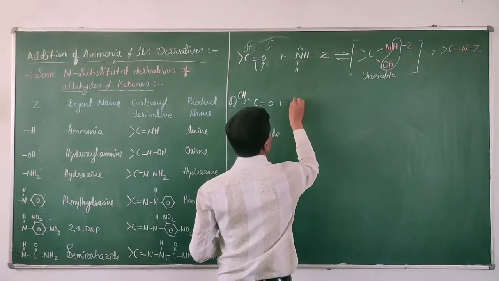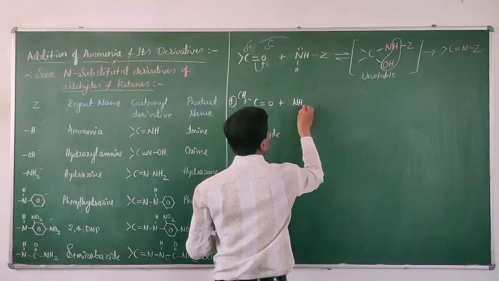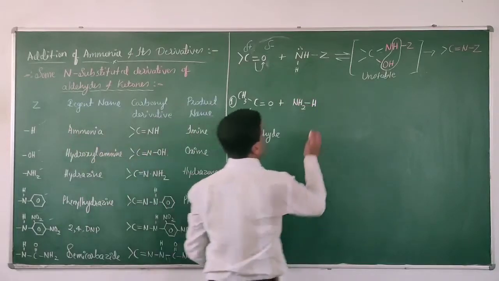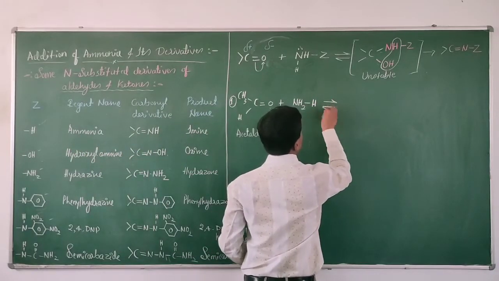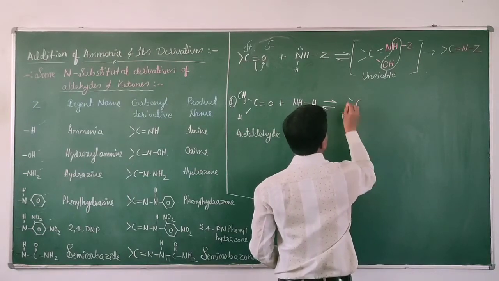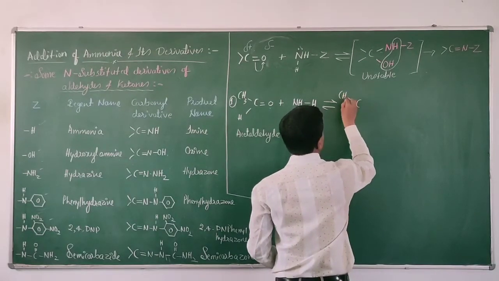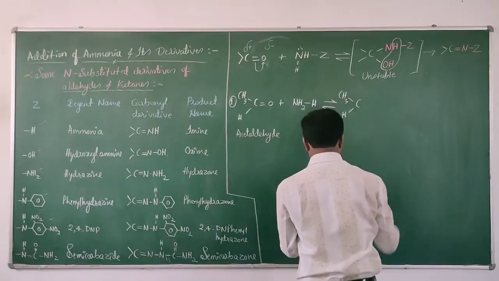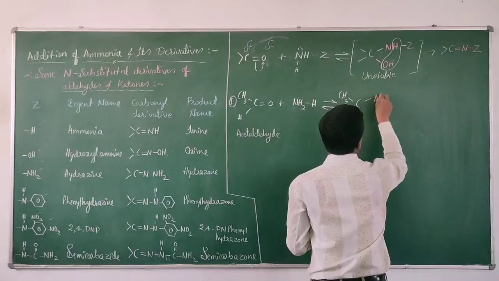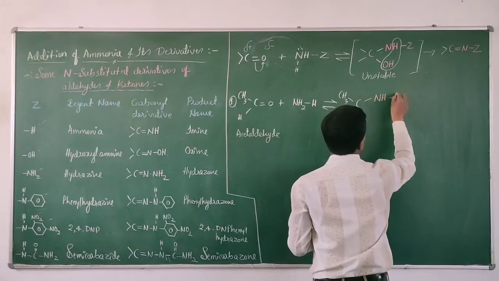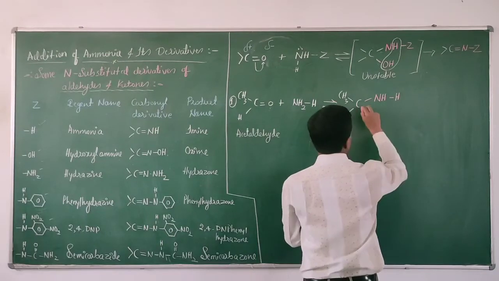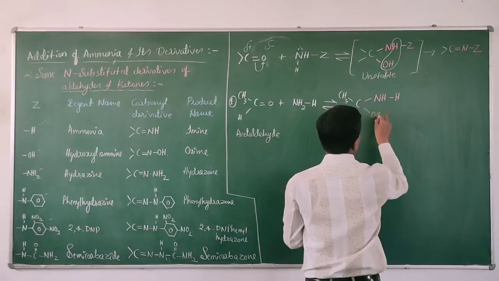In place of Z, NH2 H, and then we will have this intermediate, with H here, CH3 here, and here NH, H, and OH.